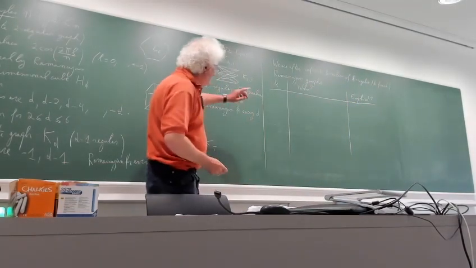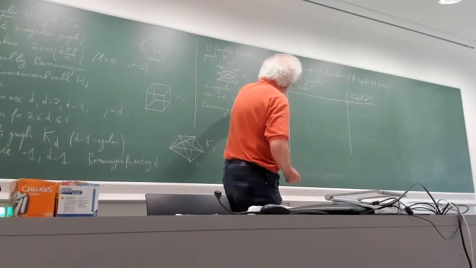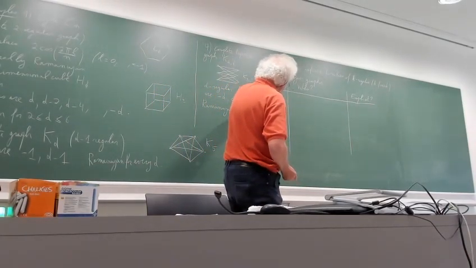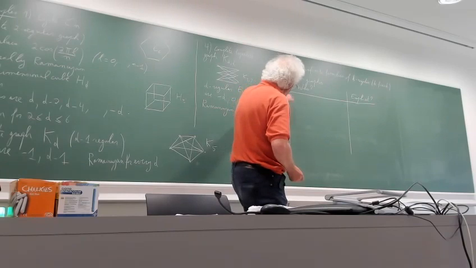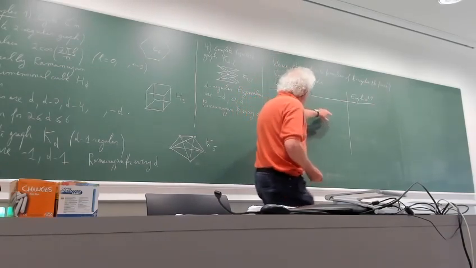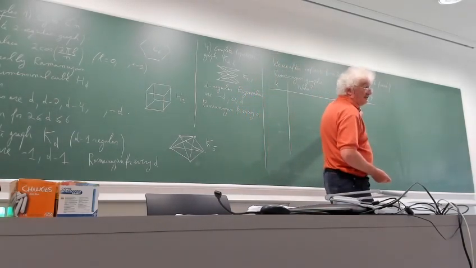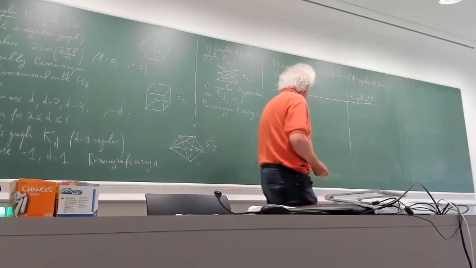So, in the first column, I will indicate the regularity k, then who did it, and finally, is the construction explicit or not?